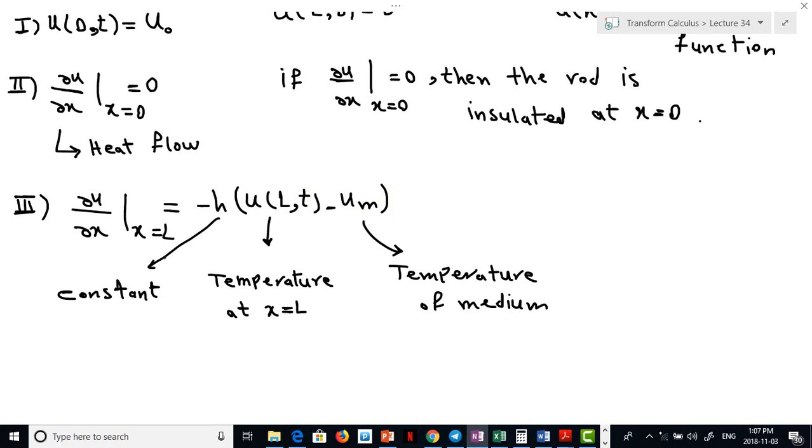This boundary condition is called the Robin boundary condition. So I say again, the heat flow at x equal to L is proportional to the difference of the temperature at the end of the rod and the temperature of the medium. So we have these three types of boundary conditions in this chapter.